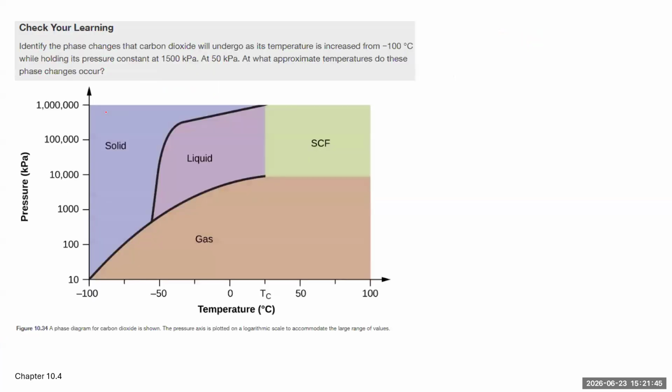All right. Another one. Identify the phase changes that carbon dioxide will undergo as its temperature is increased from -100 degrees while holding its pressure constant at 1500 kilopascals. 1500, I'm assuming it's something like around here somewhere.